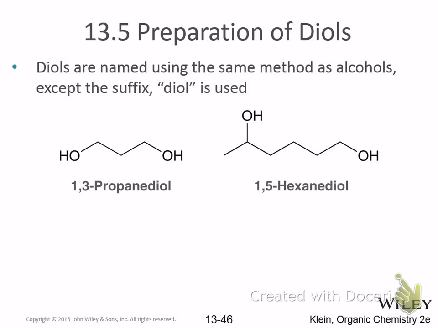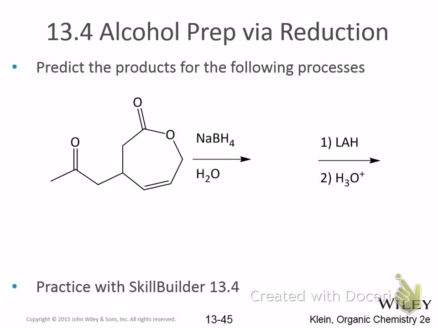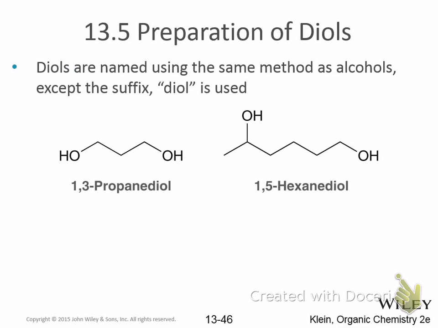Okay. Well, we actually know how to make a diol one way already, which is the reduction of a cyclic ester. That's not covered in these slides, but that's just what we did just now. The reduction of a cyclic ester, often known as lactones, will produce diols. Okay.